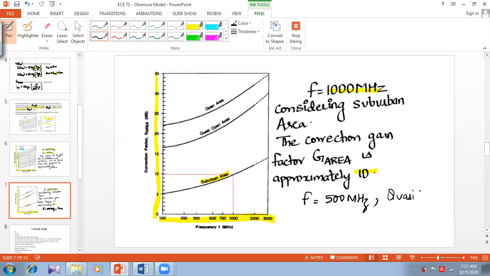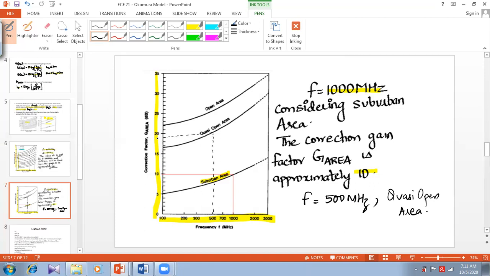What we have to do is find this point on the frequency axis. This is the point corresponding to 500, and then we have to extend it up until it reaches the quasi open area curve, and say it approximately meets at this point. From there we will extend further towards the y-axis.